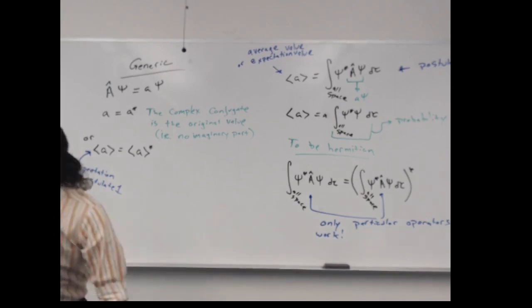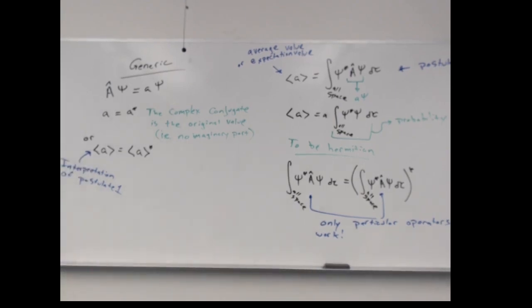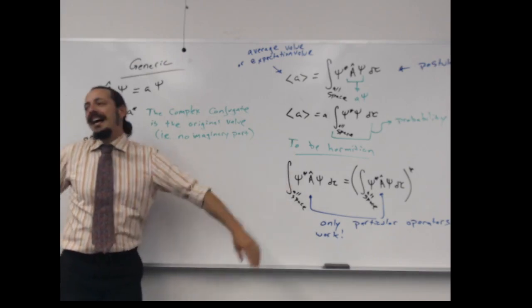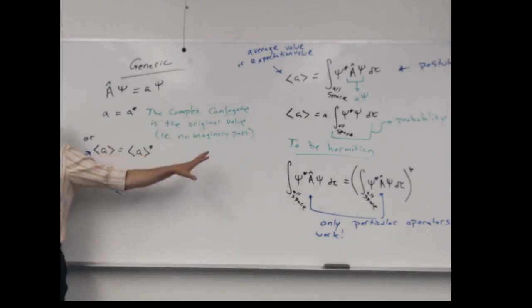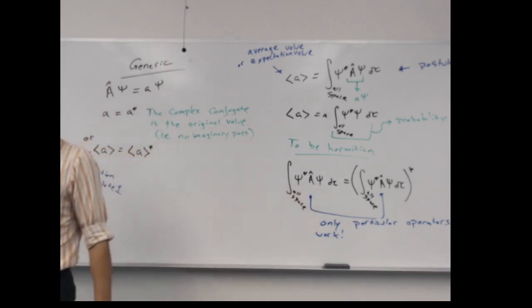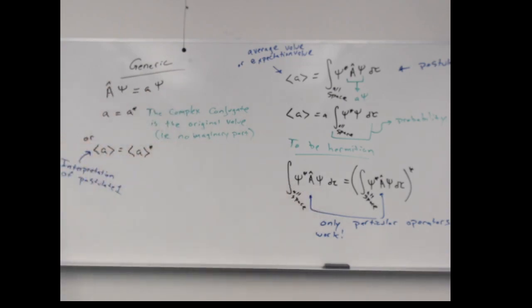So why did I put this negative i out front of the derivative? Because that's going to make it so this works. Right? And why that negative i is there is to guarantee that the operator is Hermitian. That's going to do two things for us.